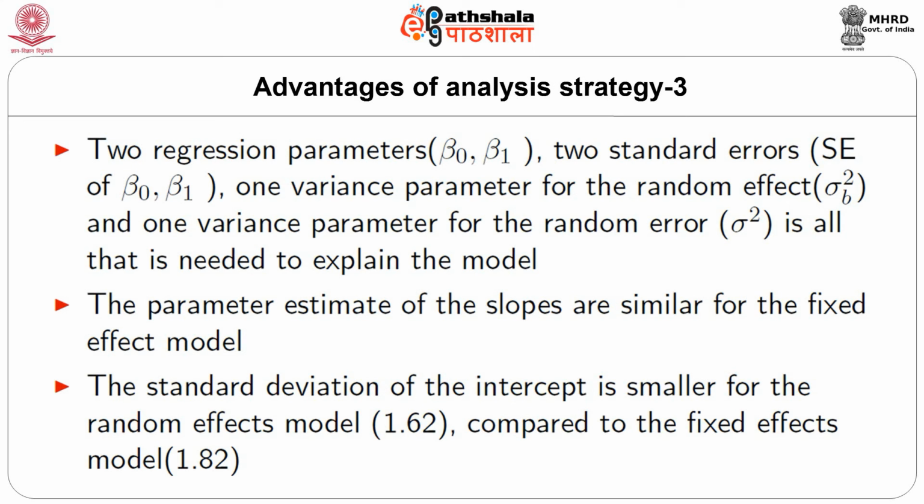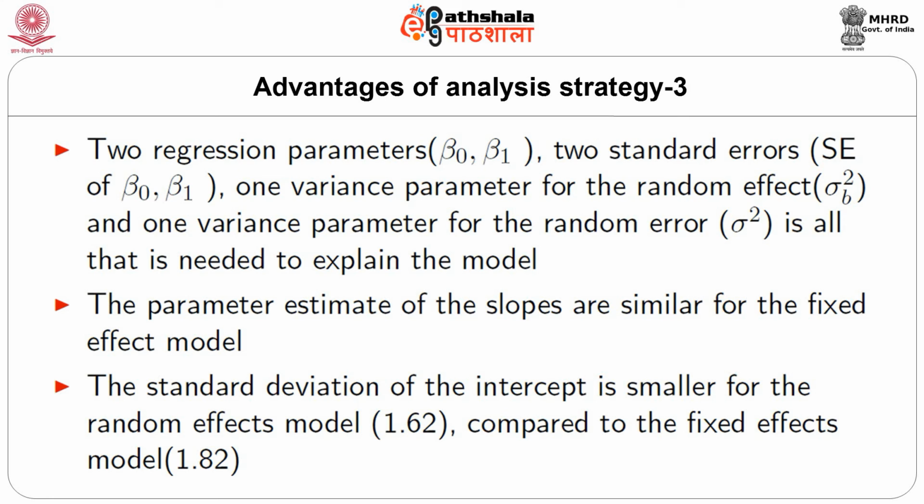So, we started with 32 parameters, reduced it to 17 parameters, and now we have only 2 parameters addressing the mean model, and one random effect parameter called sigma square b, and one variance parameter for the random error, which is sigma square epsilon. That is a typo here.